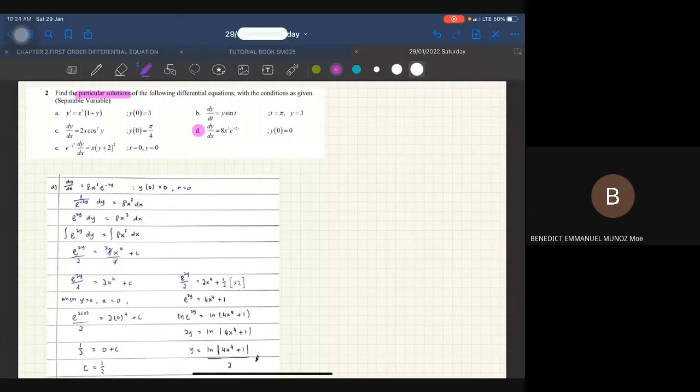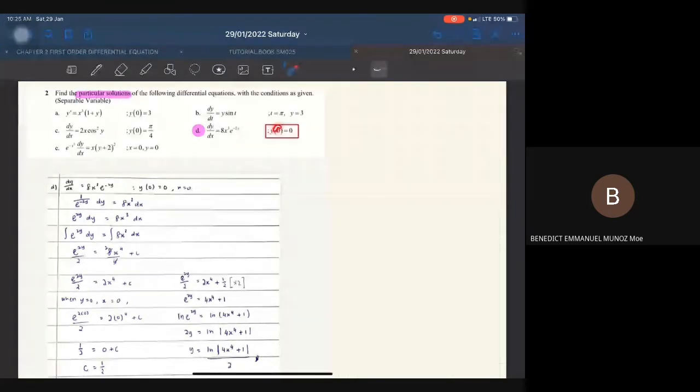This one. Okay, so dia bagi kita dy dx equal to 8x cubed e power of negative 2y, and then we have information over here. Okay, so maksud dekat x sama dengan kosong, y awak kosong. So when x equal to 0, y is equal to 0.